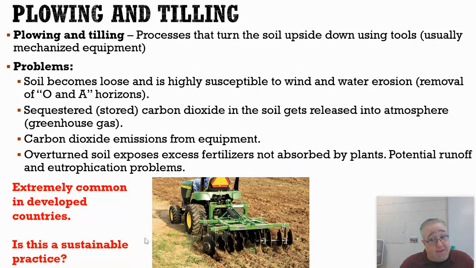I don't think so, because if we do that, we're causing a lot of environmental problems, and one of them is soil degradation, amongst other things. So this is something we really need to look at and either minimize it or find some alternative way to grow food, because this really isn't very sustainable.